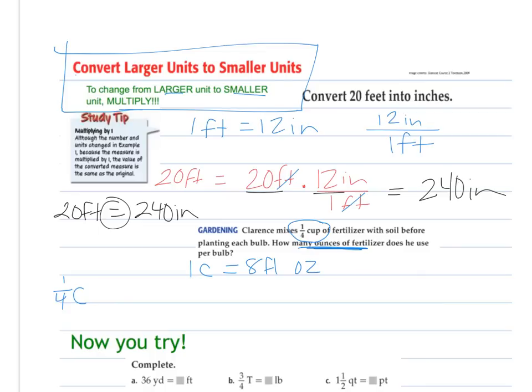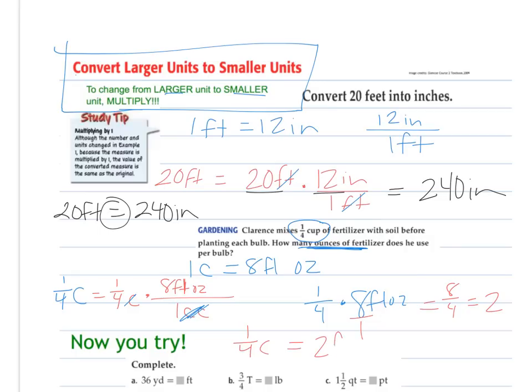I can write this as 1/4 cup times 8 fluid ounces over 1 cup, the unit ratio. The cups cancel. Then I really have 1/4 of 8 fluid ounces. I write that as 8 over 4, which is the same as 2. So 1/4 of a cup is the same as 2 fluid ounces.